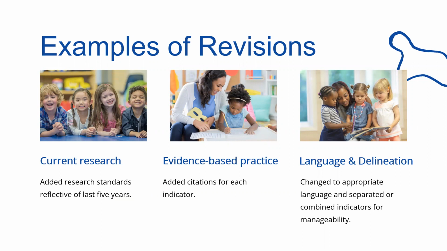Number 2, citations were added to support the standards. Number 3, language changes, including combining or separating of standards to make them easier to manage and understand. Now we will walk through standards that exemplify each area of revision.